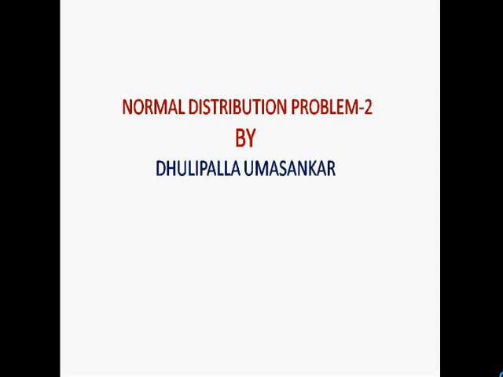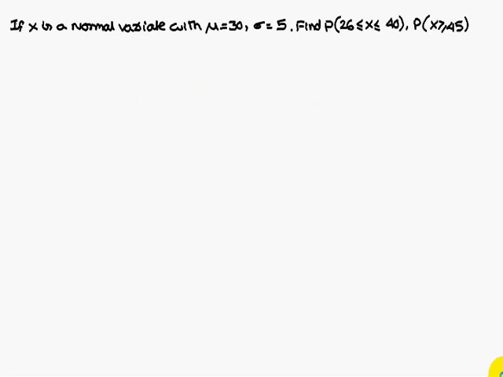Today we are going to discuss a normal distribution problem. If capital X is a normal variate with mean μ = 30 and standard deviation 5, find the probability of 26 ≤ x ≤ 40 and the probability of x ≥ 45.